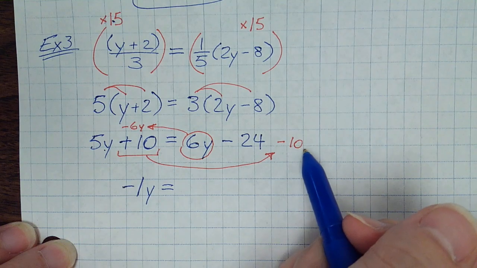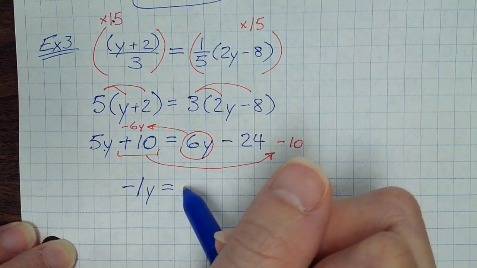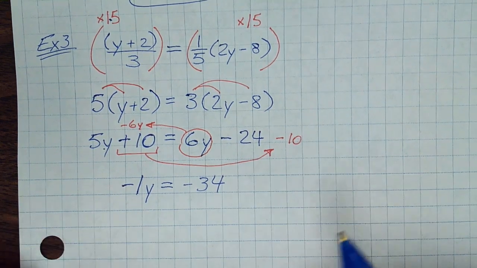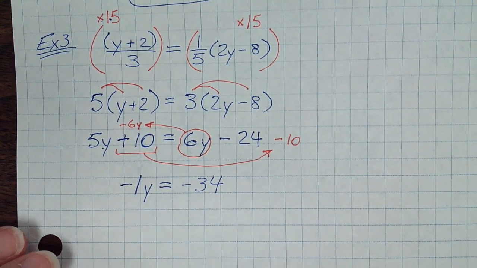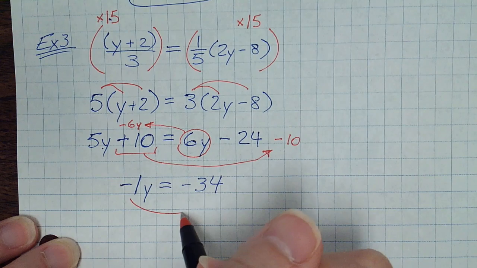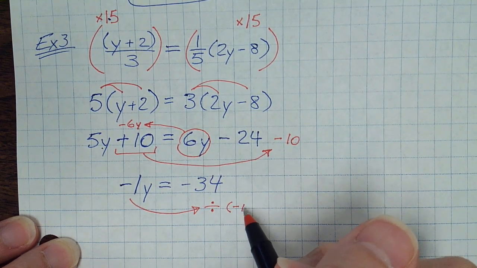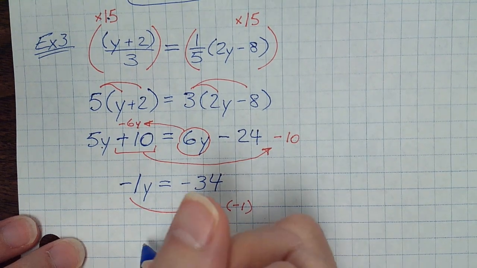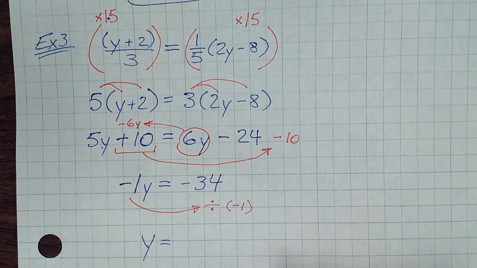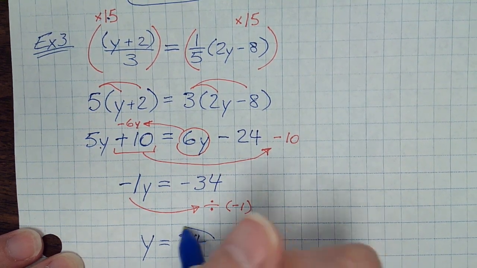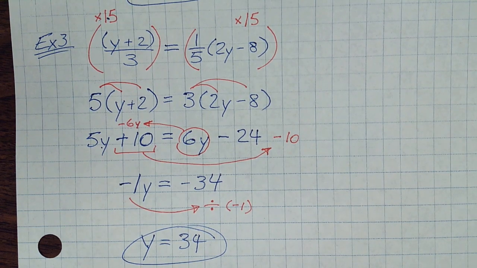Negative 24 minus 10. Good. And the last step? Yeah. Divide by negative 1. So what's your final answer? Negative 34 divided by negative 1. Positive 34. How many of you got positive 34 as your answer?